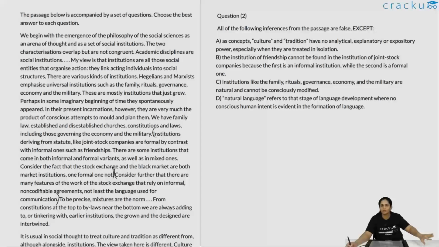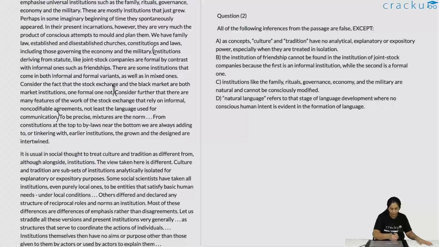You separate them only for understanding as such. It is given clearly. The view taken here is different: they are subsets of institution analytically isolated for explanatory or expository purposes. So the idea that they have no explanatory power or expository power is clearly incorrect. So this is false, so I can eliminate it. I have to essentially find the true inference. So this is a false inference.